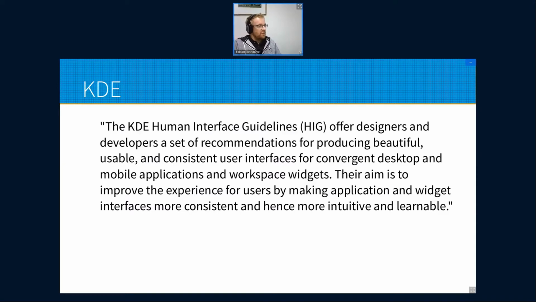The KDE Human Interface Guideline offers designers and developers a set of recommendations for producing beautiful, usable, and consistent user interfaces for convergent desktop and mobile applications and workspace widgets. Their aim is to improve the experience for users by making applications and widget interfaces more consistent and hence more intuitive and learnable. Let's take a look at the second one.